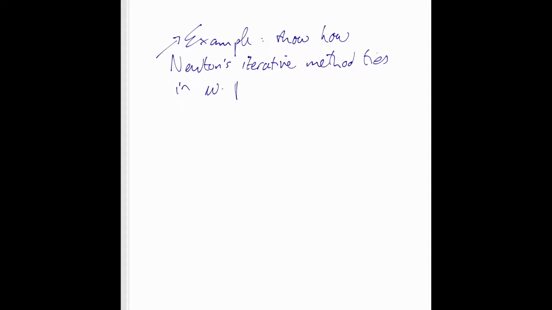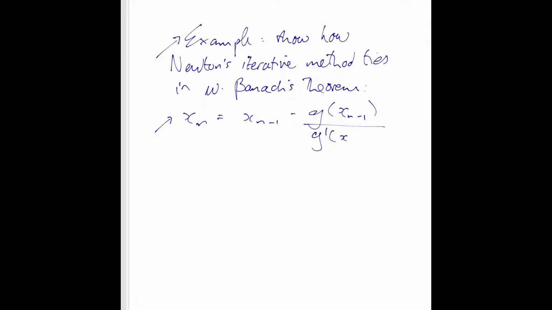Okay, we've refreshed ourselves of Banach's theorem, so let's move on to the example. We're going to show how Newton's iterative method ties in with Banach's theorem. Newton's method is an iterative one where the nth term of x is equal to the n minus 1 term of x minus a quotient of functions where the denominator is a derivative of the function, so that's g over g prime.